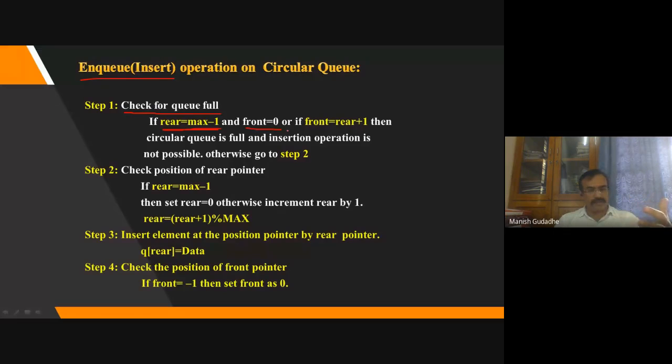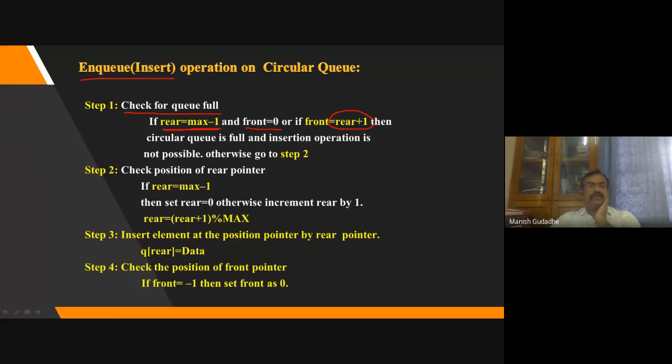So if R has achieved the maximum index and front is still 0, at that time we'll say that queue is full. Or in case front is equal to rear plus 1, then circular queue is full. Rear plus 1 means, again I am repeating, that it is not only rear plus 1, but it is a mod function. Fine. And insertion operation is not possible.